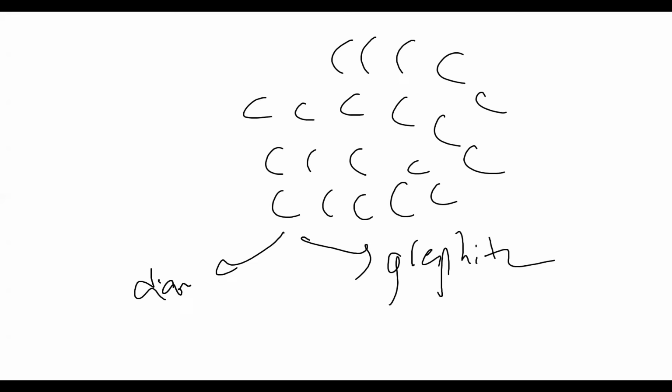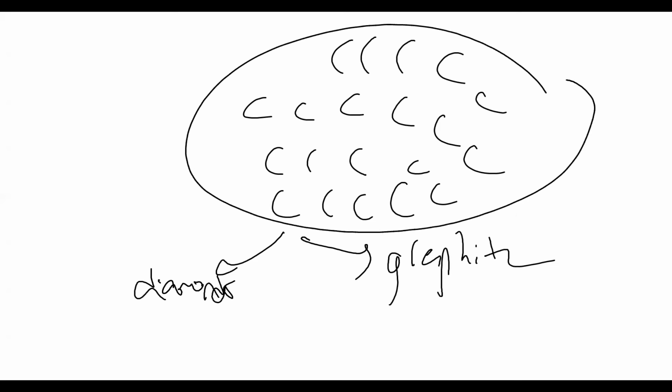What happens? What are the characteristics that must be in the surrounding for the carbon to be graphite, and what are the characteristics that must be in the environment for the carbon to become a diamond? What do you think, guys?